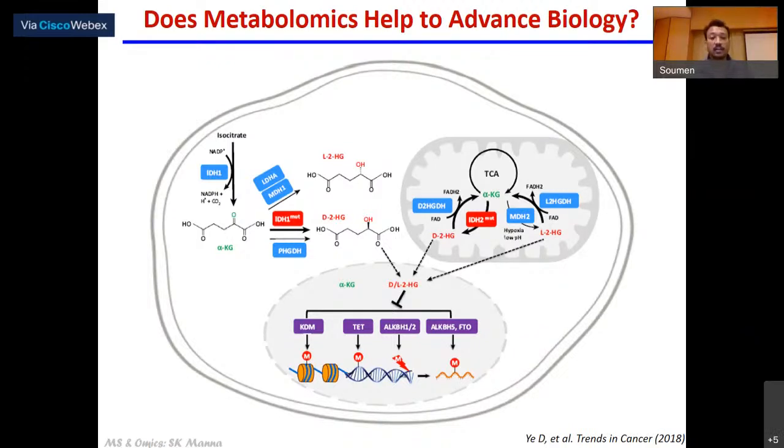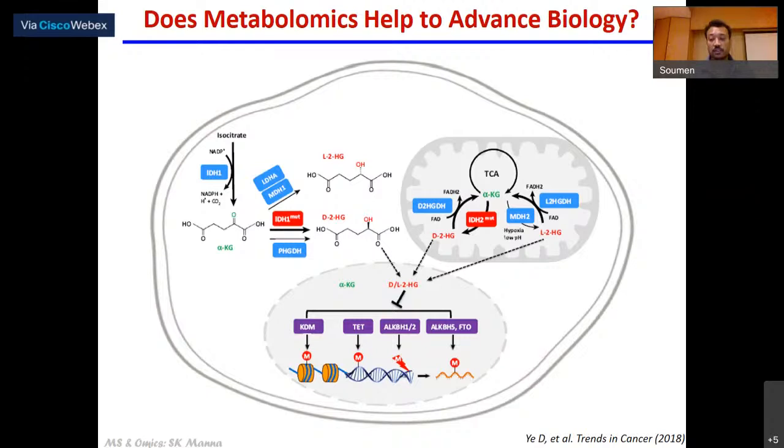The reason is that 2-hydroxyglutarate is a competitive inhibitor of these alpha ketoglutarate dependent dioxygenases that are involved in removing the methylation mark on DNA or RNA or even on proteins. So that's exactly why there was hypermethylation and repression of gene expression, which would otherwise reduce the proliferation of these cancer cells.